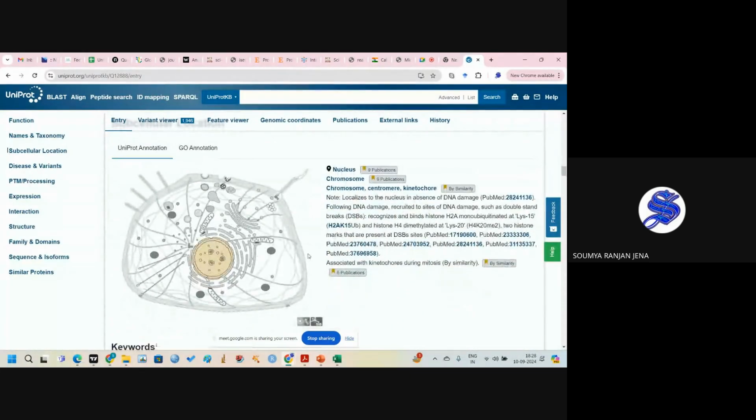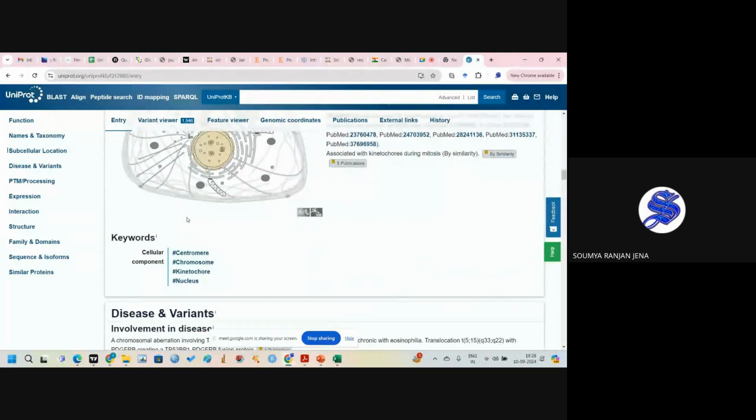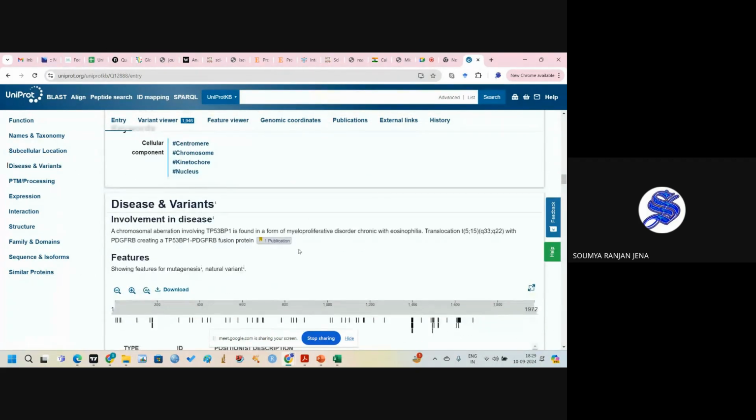And if you go to where it is found, which number of chromosome it is found on, what is the centromere position, kinetochore position of this gene, then all the data we can find in this UniProt. And disease, what disease it will cause, a chromosomal aberration involving found in myeloproliferative disorder, cloning with eosinophiles.